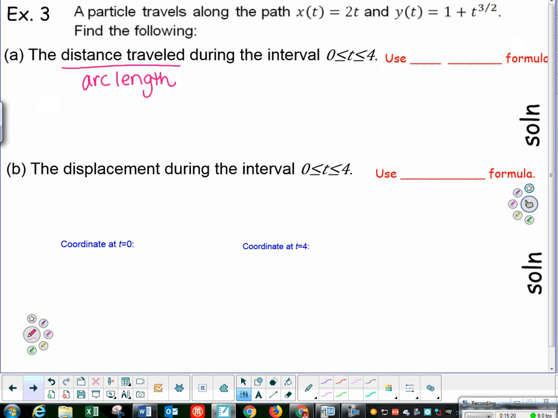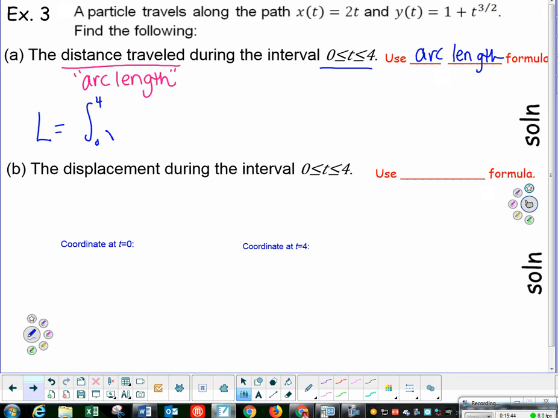So this is really asking for the arc length during the interval 0 to 4. And for this, we will use the arc length formula. So now I just need to have that memorized. Length equals the integral from 0 to 4 because they told me about that.